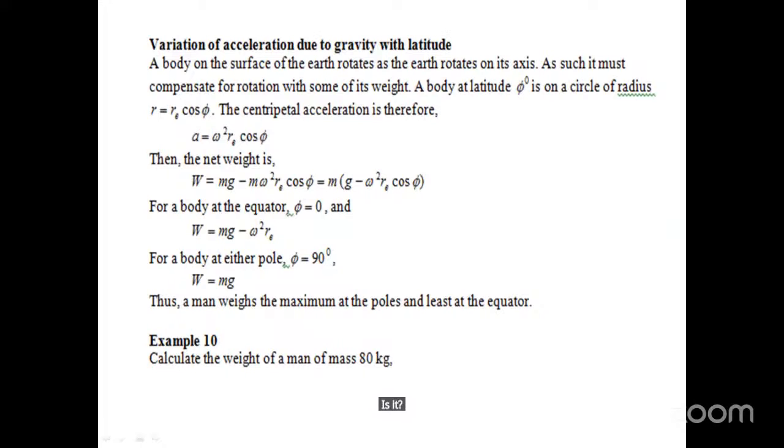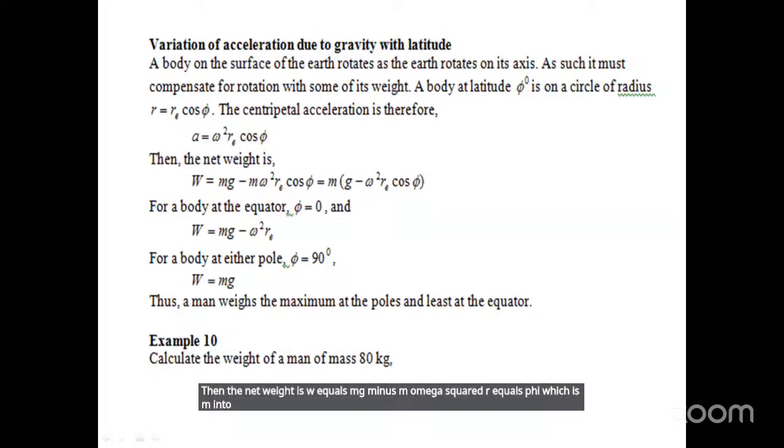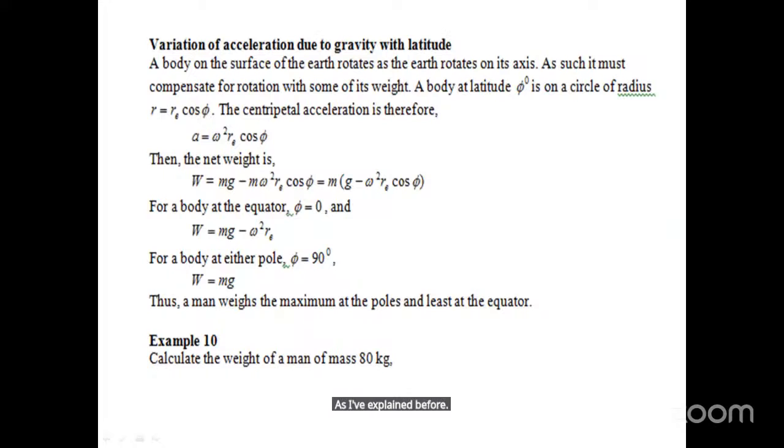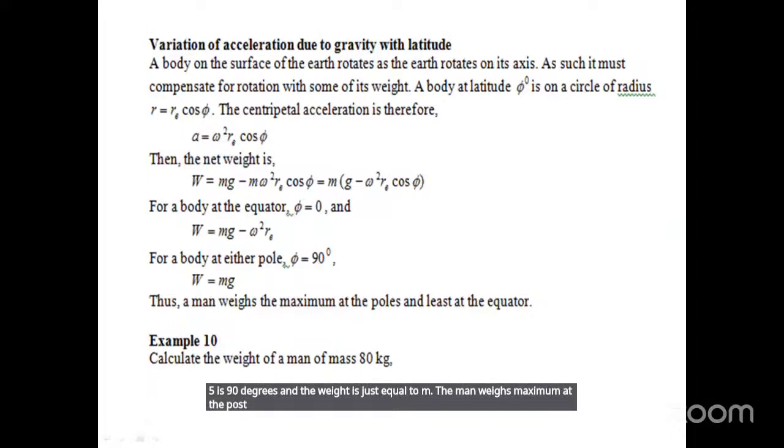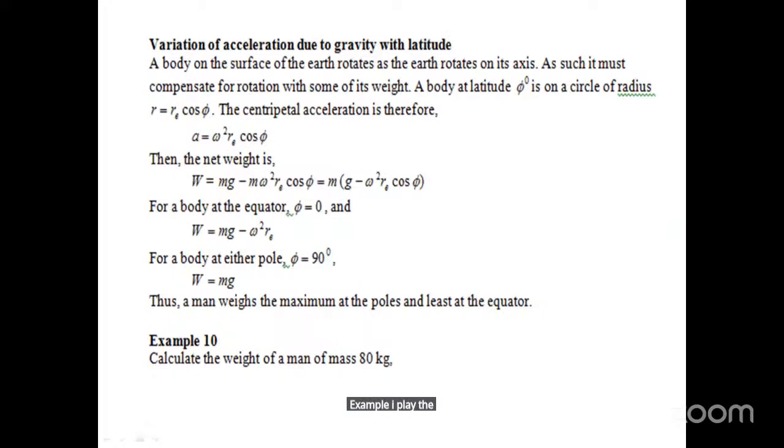Then the net weight is W equals mg minus m omega squared R_E cos phi, which is m times (g minus omega squared R_E cos phi). So at phi equals 0, the weight is mg minus m omega squared R_E. For a body at either pole, as I've explained before, phi is 90 degrees and the weight is just equal to mg. Thus, a man weighs the maximum at the poles and least at the equator. Example: calculate the weight of a man of mass kilograms.